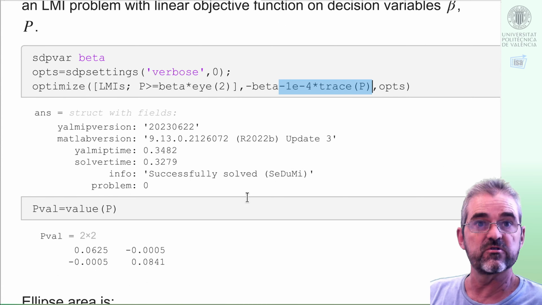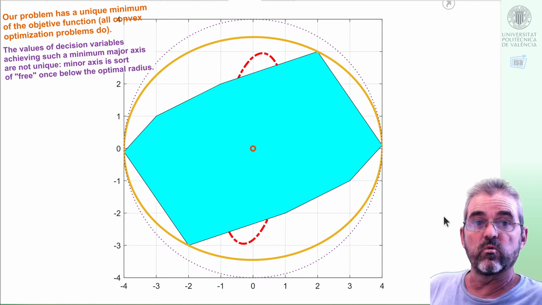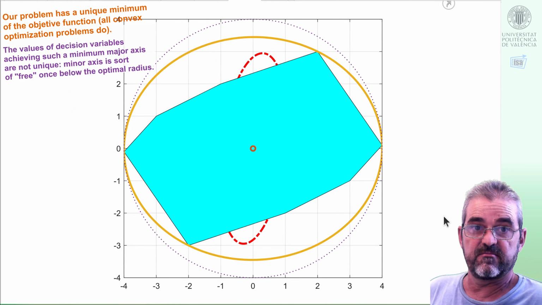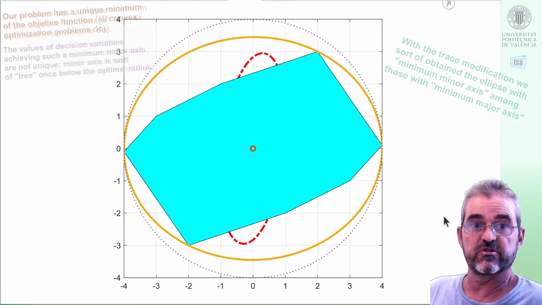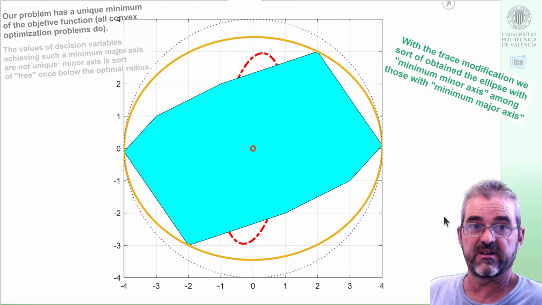well, we get a new successfully solved solution, which feels intuitively better. I mean, formally, both the circle and the yellow ellipse are solutions to the problem, but they are, let's say, the extreme solutions in the set of infinite possible optimal solutions.